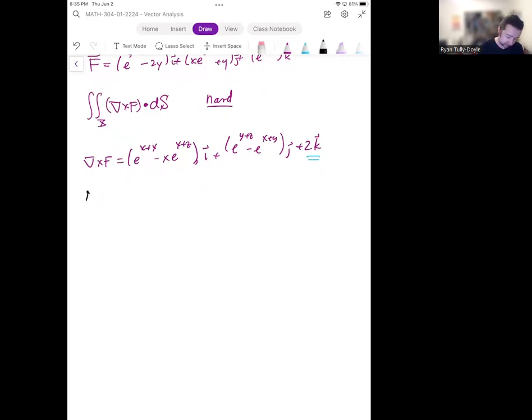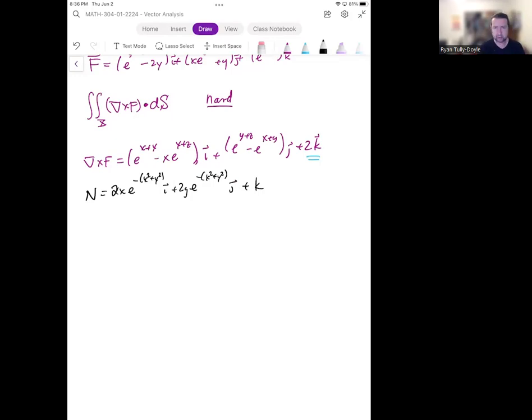Well, n for the original surface, if we compute the normal vector n, you end up with 2x e to the minus x squared plus y squared i plus 2y e to the minus x squared plus y squared j plus k.